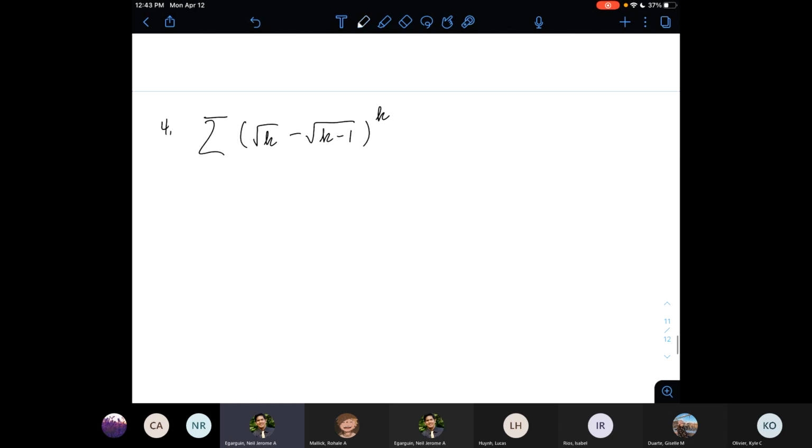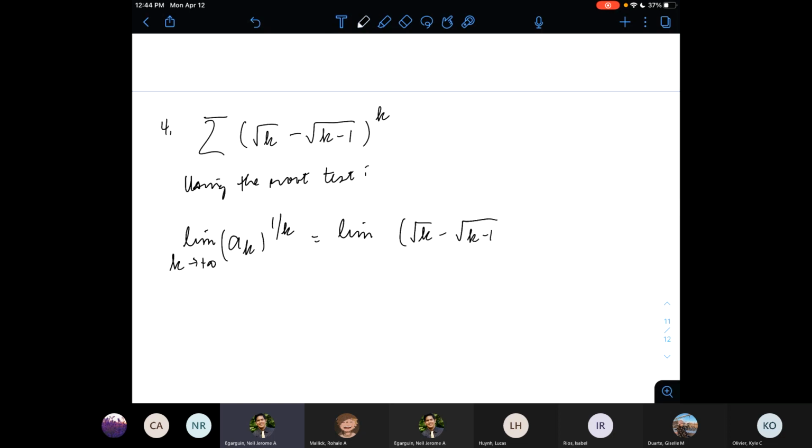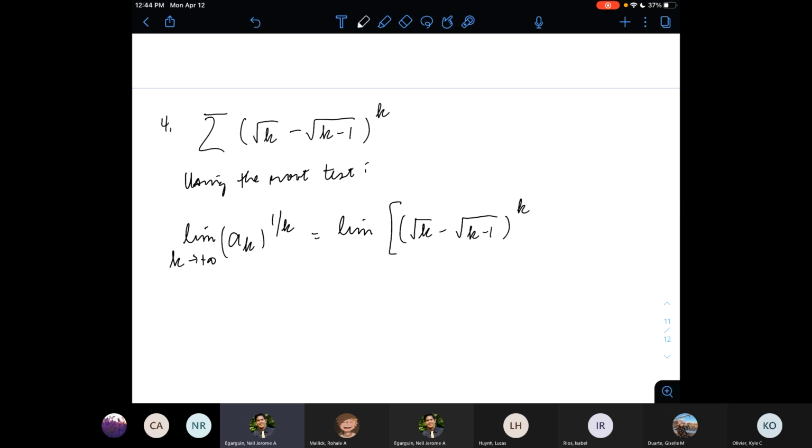So for the root test, I'll need to take a look at the limit of a sub k raised to 1 over k as k approaches infinity. So this is the limit of the k term, root k minus root of k minus 1, raised to the k, raised to the power 1 over k, as k approaches infinity.